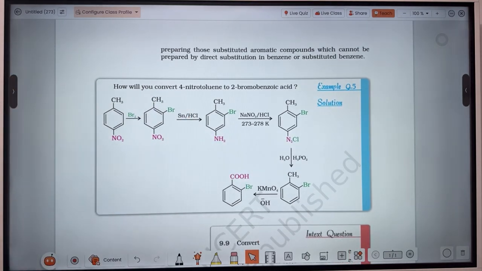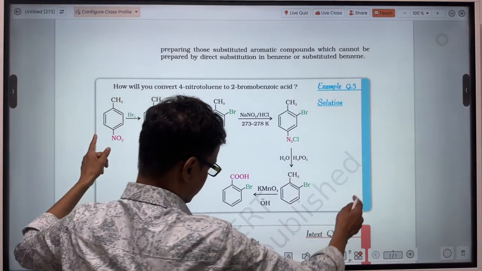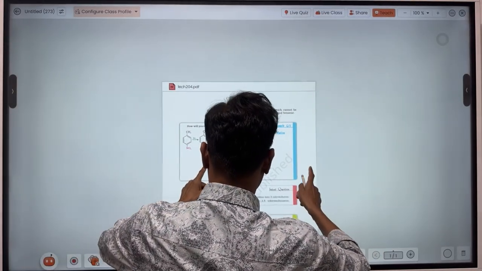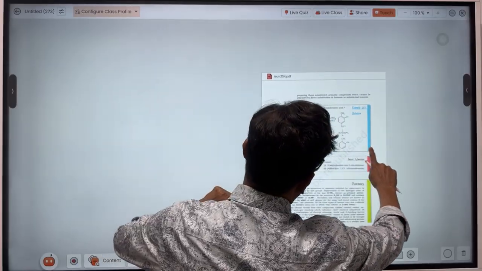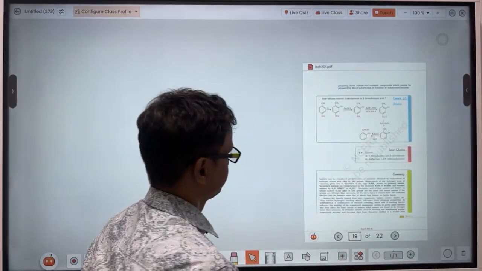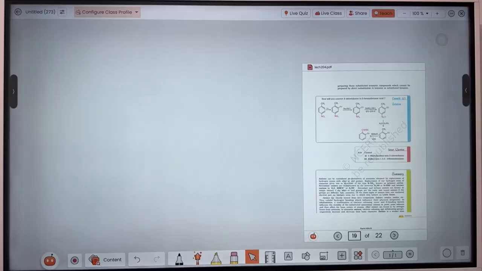You have to convert 4-nitrotoluene to 2-bromobenzoic acid. Again, I am telling by writing this one, otherwise you may feel difficulties. It is 4-nitrotoluene.